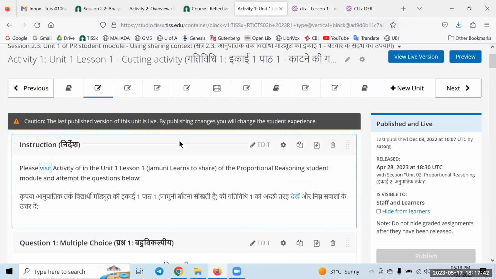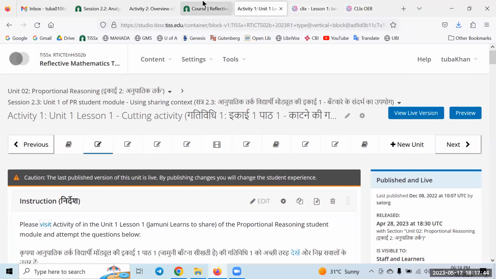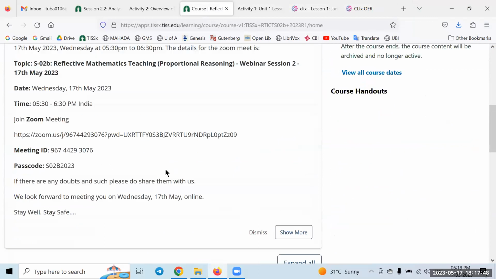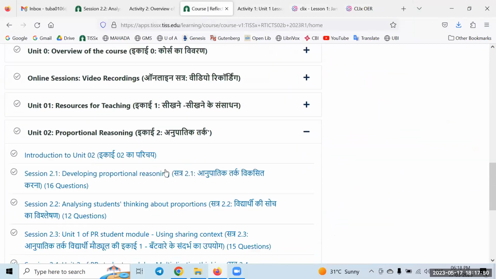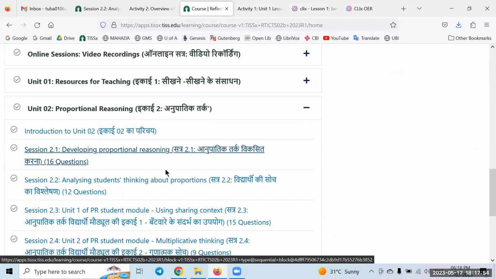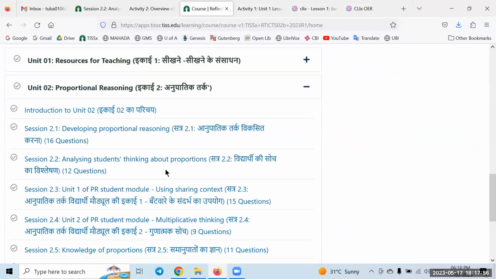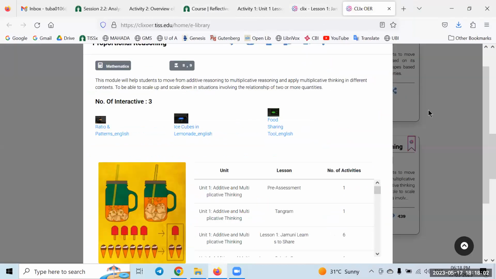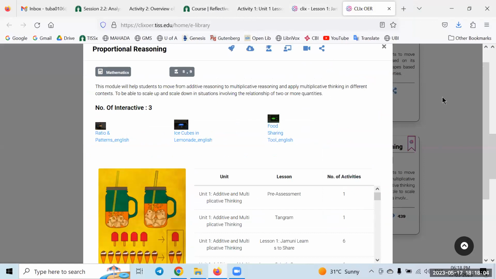Okay. So if you have, actually all the units are now released, so you will see all this. This is the unit 0, online session 1 and 2. Tuba, I want you to show the clicks OER page, how to go to the clicks OER page. This one, no? Just give them the address also.